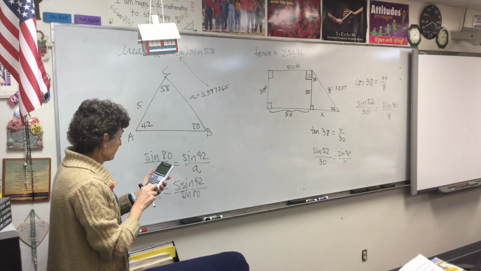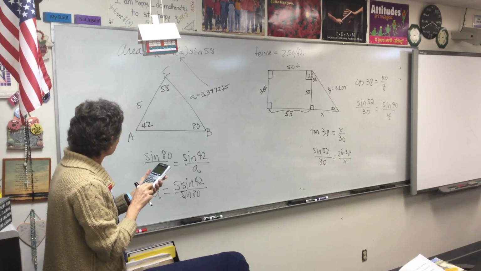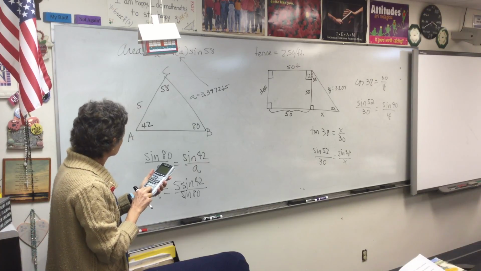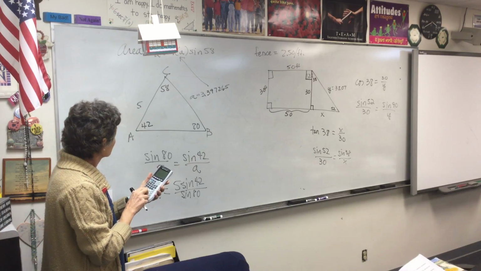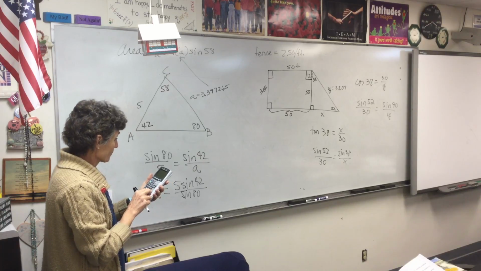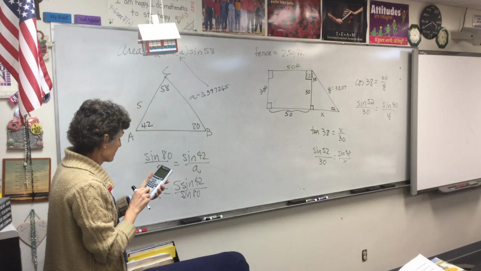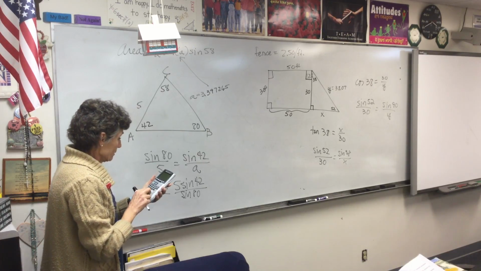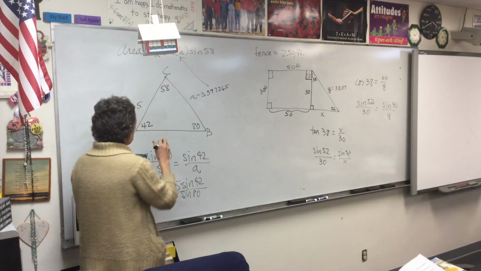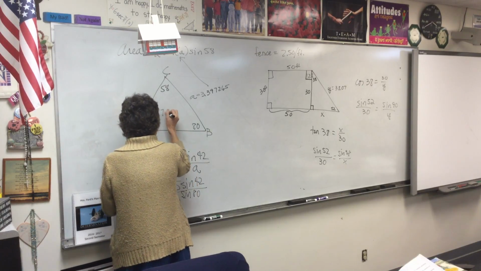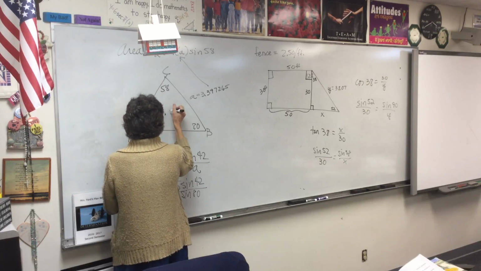So 1/2 times 5 times A times sine 58. What'd you get for your area? About 7.2.